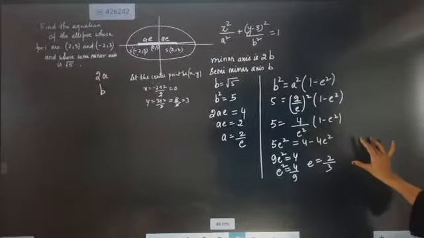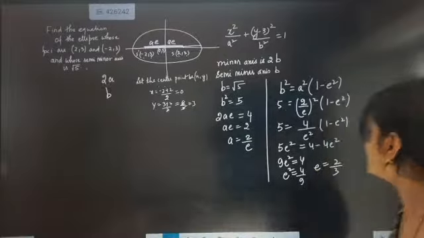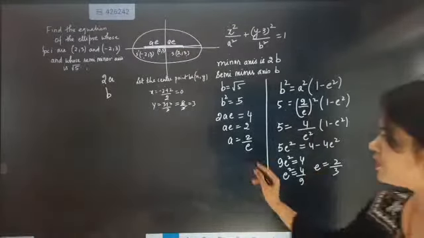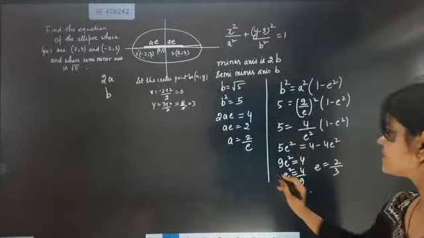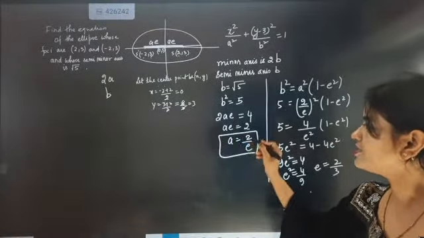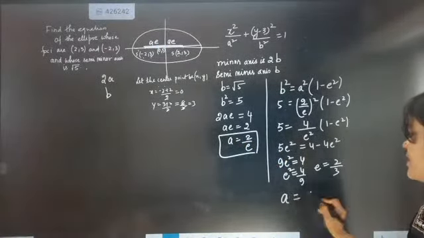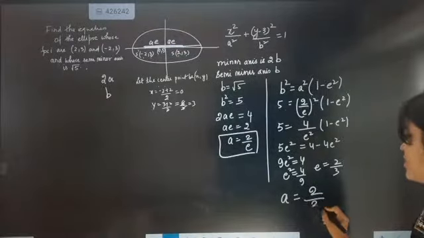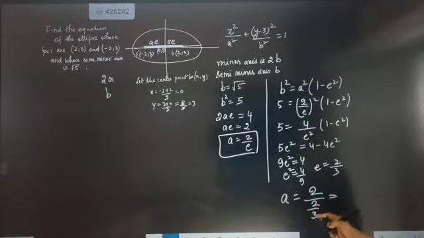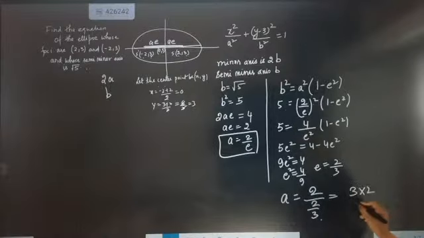Once we have eccentricity equal to 2 by 3, then the jackpot. What will a be? This is the a value, a is 2 by e, which is 2 by 2 by 3. The 2 and 2 get cancelled, so a is coming as 3.